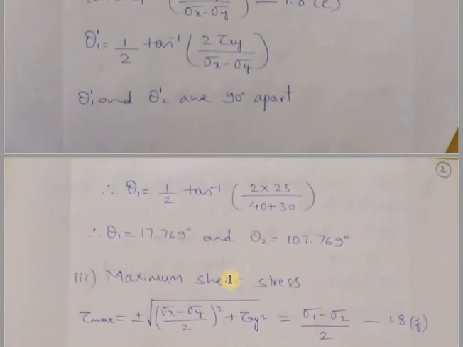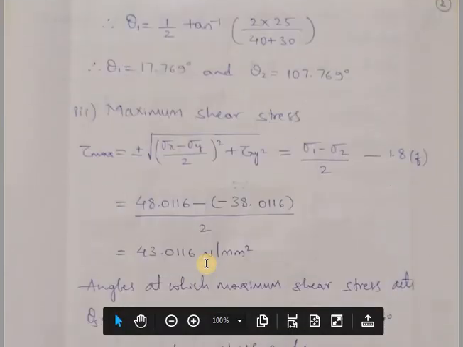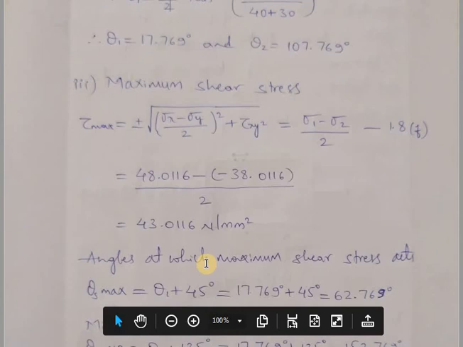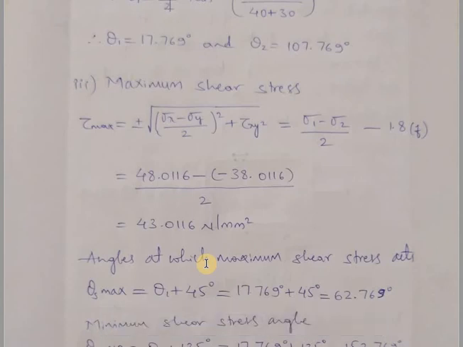Next, coming to the third point, maximum shear stress. From equation number 1.8 we have tau max is equal to plus or minus root of sigma x minus sigma y divided by 2 whole square plus tau xy square, which is also equal to sigma 1 minus sigma 2 divided by 2.